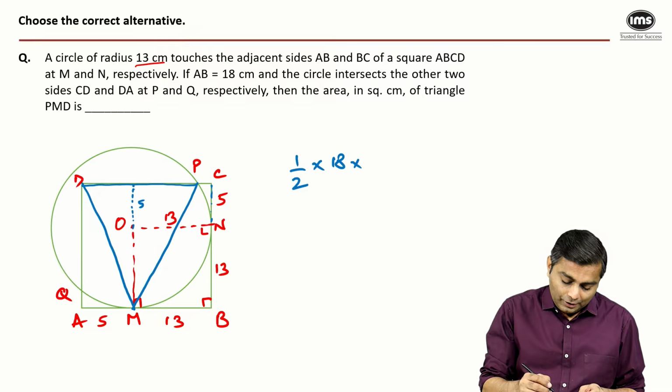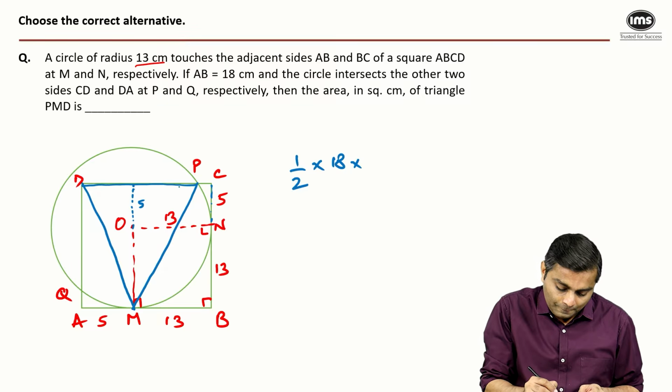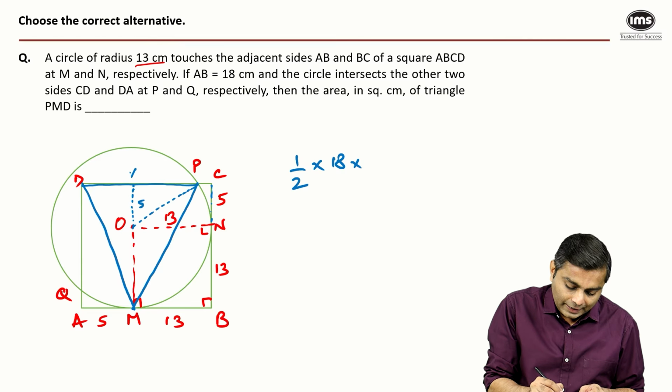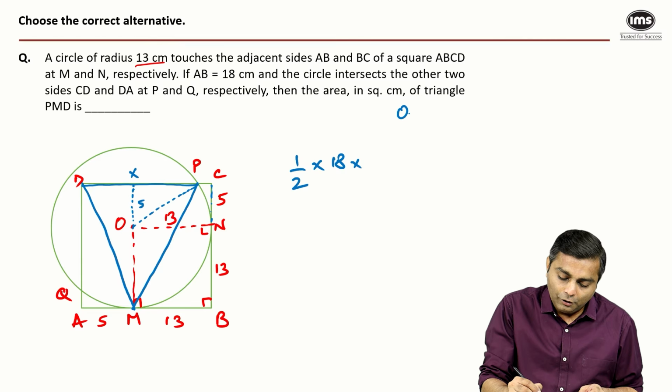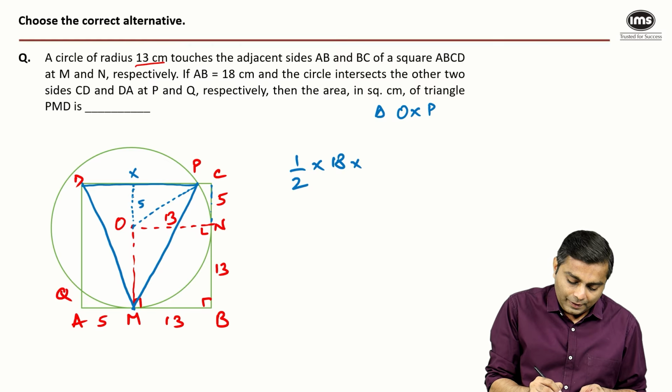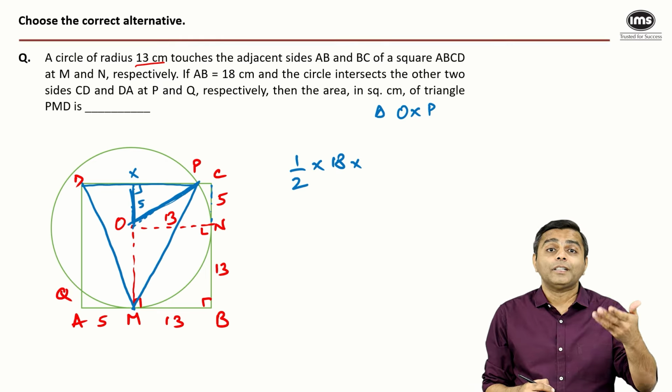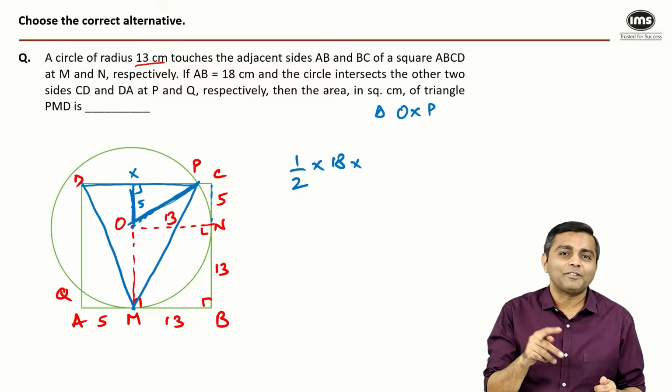Okay. Now let's focus on this triangle. Let me call this X. So focus only on triangle OXP. In triangle OXP, this guy is 5. This guy, the radius of the circle, remember, so this is 13. Correct? This has to be 90. So it's a right angle triangle with two sides 5 and 13.